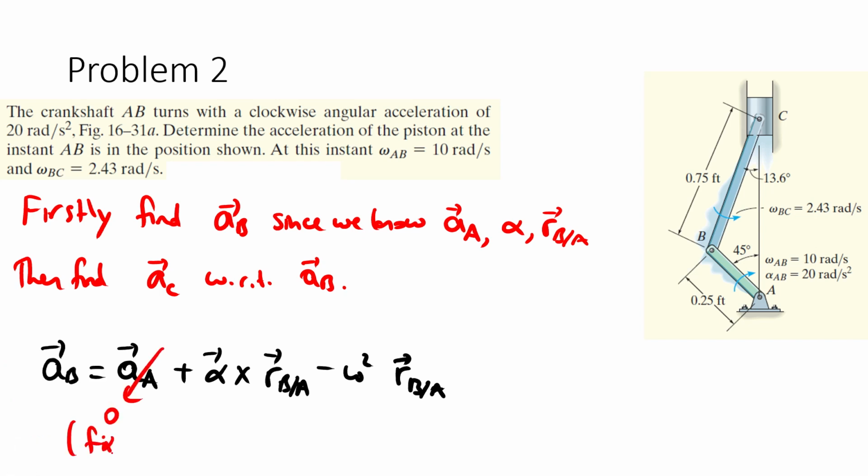It is fixed, it cannot move, so that is 0. And alpha is given as 20 radians per second squared. That is negative 20 k, negative because it is clockwise.